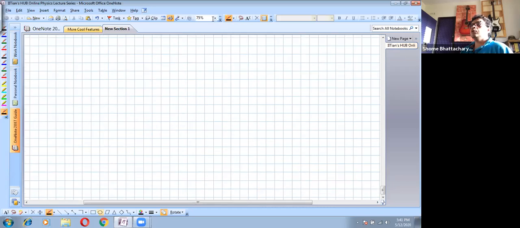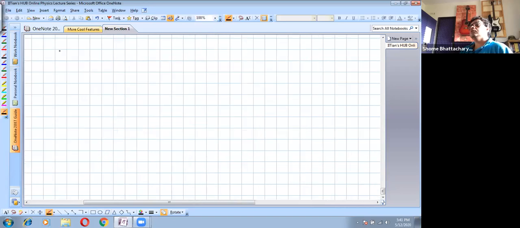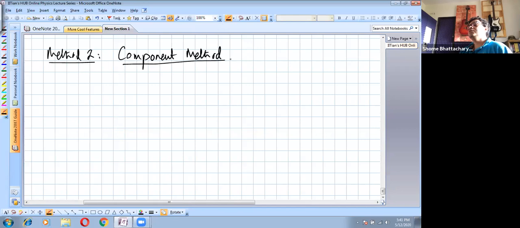Okay. Now let's also do this by the component method. In the component method, what I will do is assume that my vector A is along my x-axis.